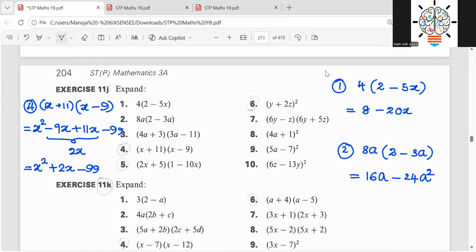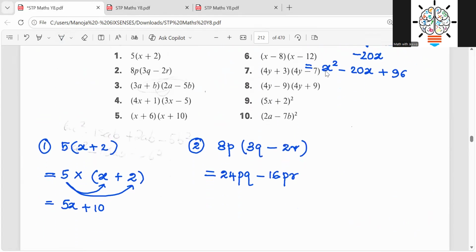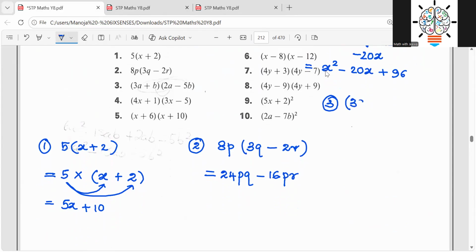So then we will move to another question type. So then question number 3. I'll do question number 3. Now the things are getting complicated when we are moving. So then you want to focus well. 3a plus b and 2a minus 5b. Children, I suggest you something.